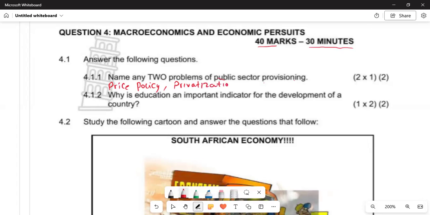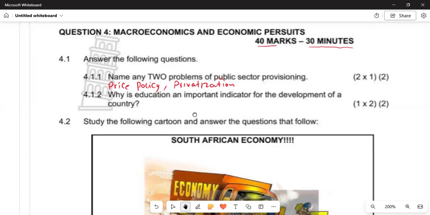Privatization also can be one of the problems of public sector provisioning. Lack of accountability can as well be that. Also problems in accessing needs. So they can be the examples of the problems of public sector provisioning.